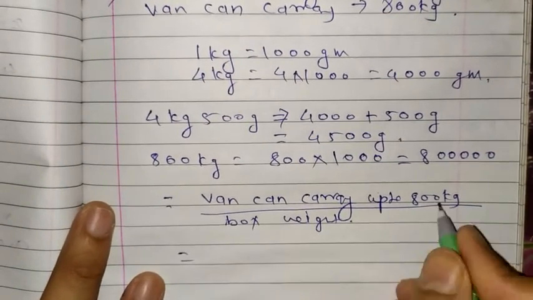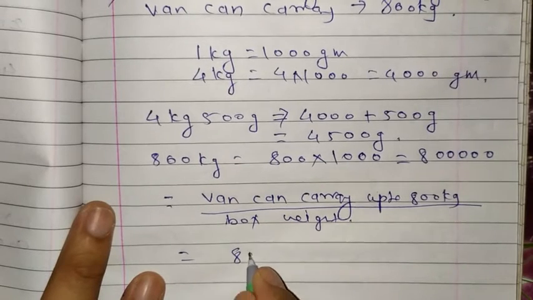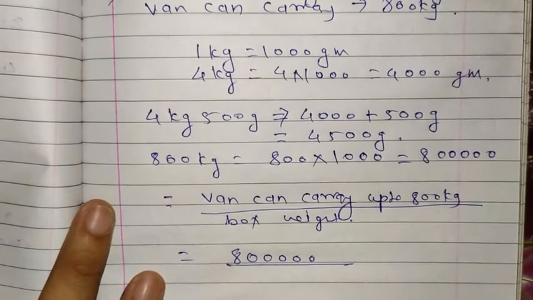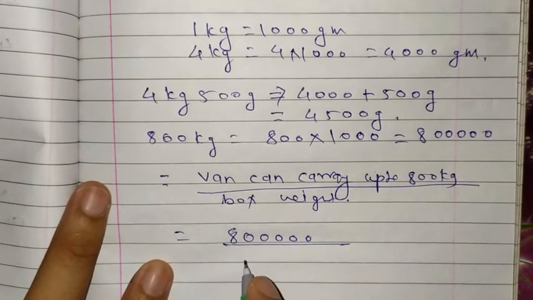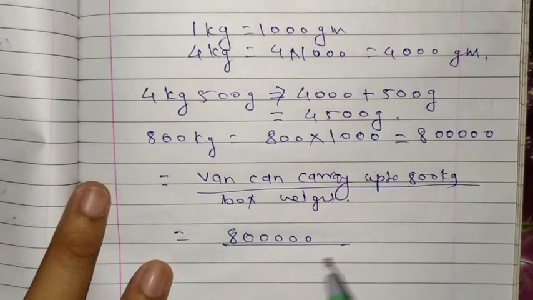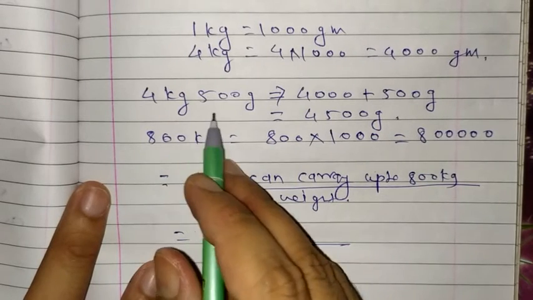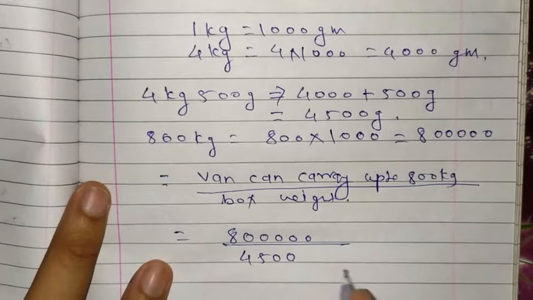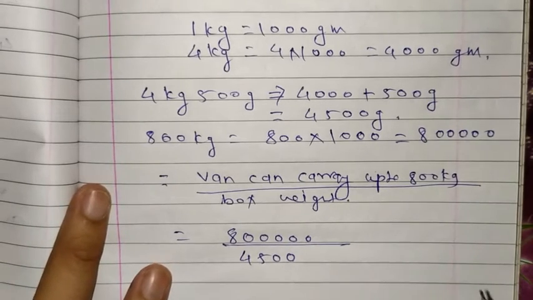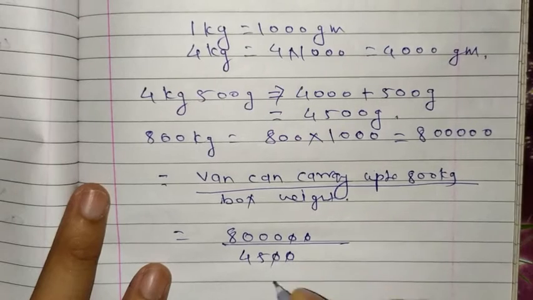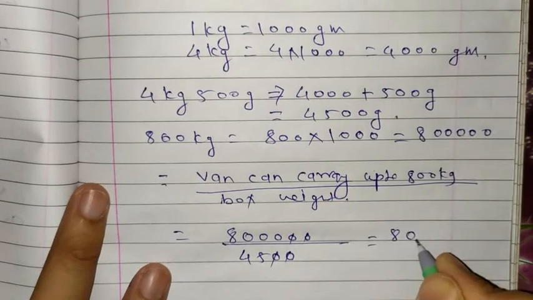Here 800 kg is written like this, and the downside value is in gram. Our previous value 4 kg 500 gram is nothing but 4500. Then the 00 cancels, and it is nothing but 8000 divided by 45.